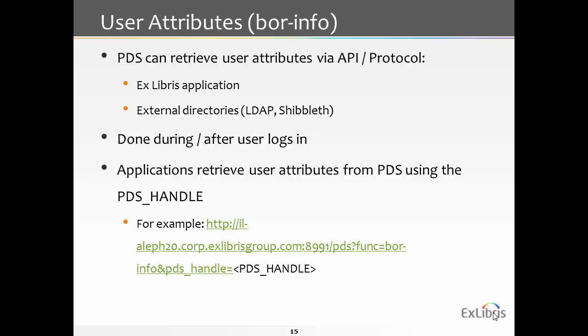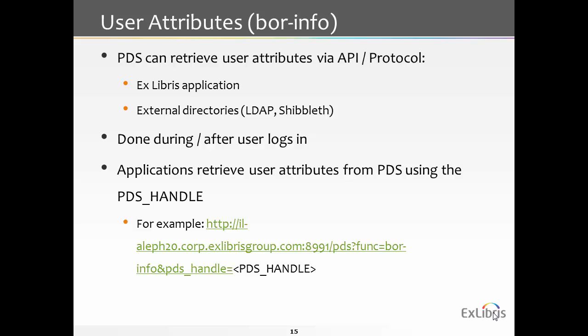PDS can retrieve user attributes via an API or any protocol. It could be, as we said, via an Ex Libris application, Alma, Aleph, and so on, or via external resources such as LDAP or Shibboleth. It is done after the sign-in or the authentication process.